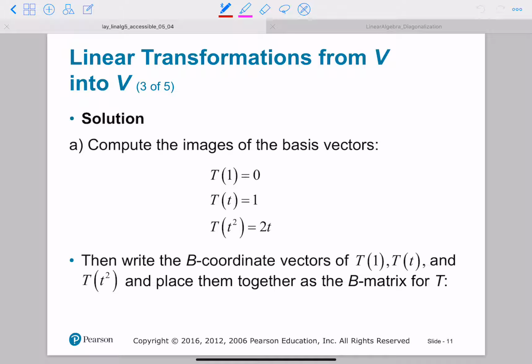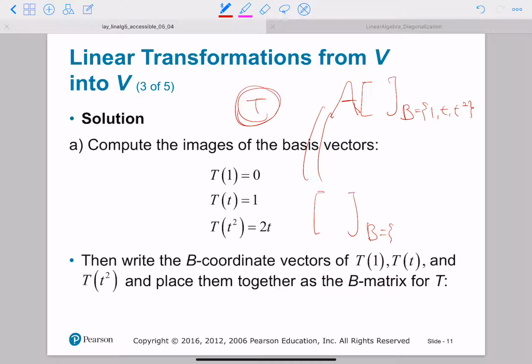Right, and now let's think of the linear transformation matrix T that takes as input the B coordinate, I mean the coordinate with respect to this basis of 1, t, and t squared. Let's think of this linear transformation matrix A over here, and the result is also the B coordinate vector with respect to this basis.